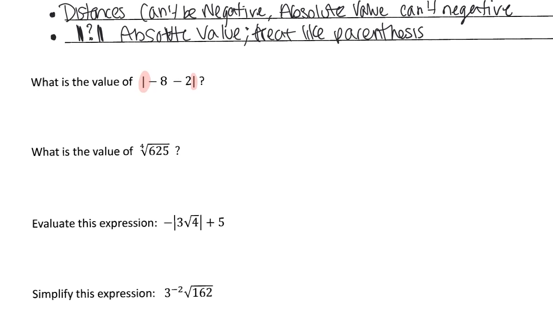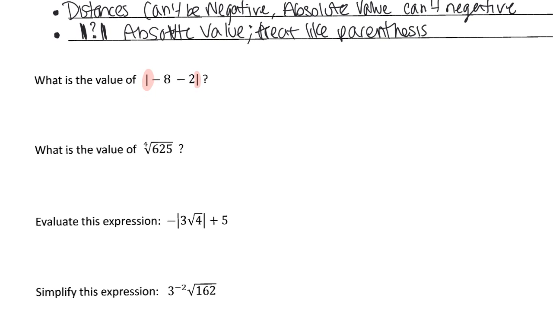Okay, so let's look at this. What is the value of the absolute value of -8 minus 2? So what is -8 minus 2? That would be -10. So now we have to figure out the absolute value of -10, which is 10 places from 0.